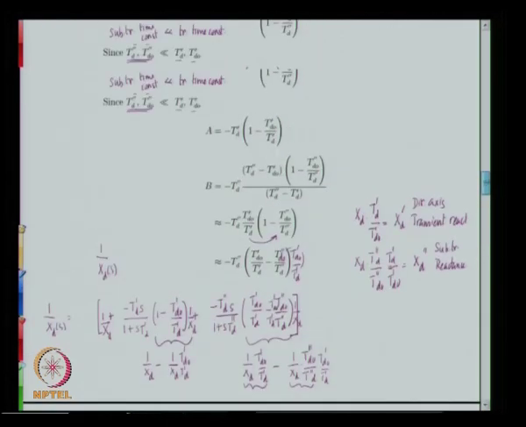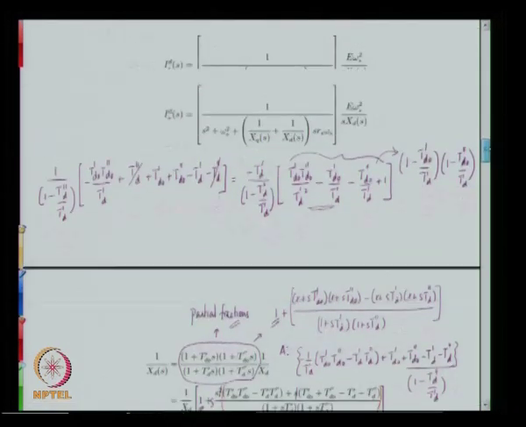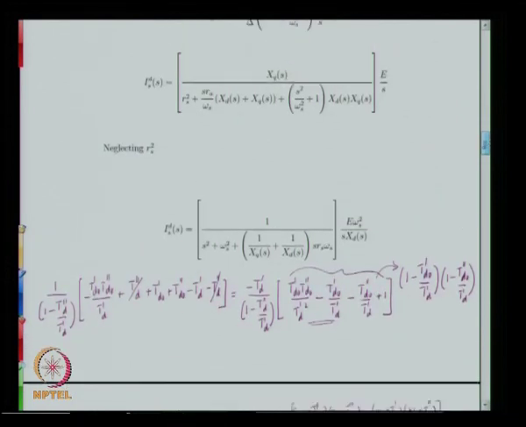If we look at this expression, the expression for id of s here, this is s square plus omega s square multiplied by this term.